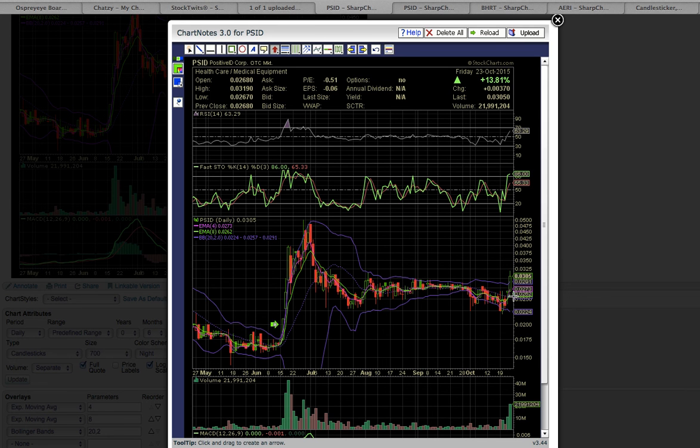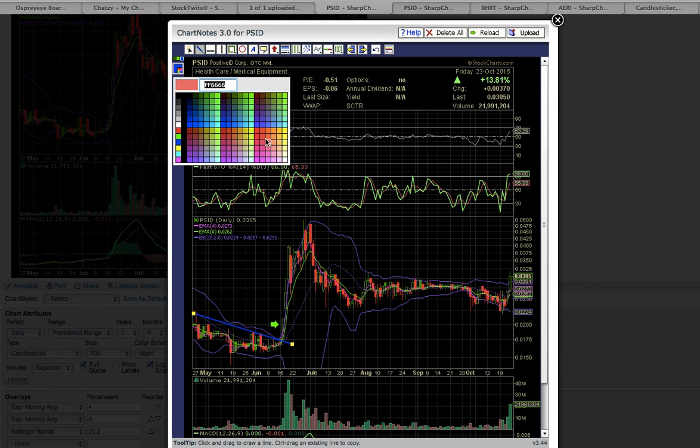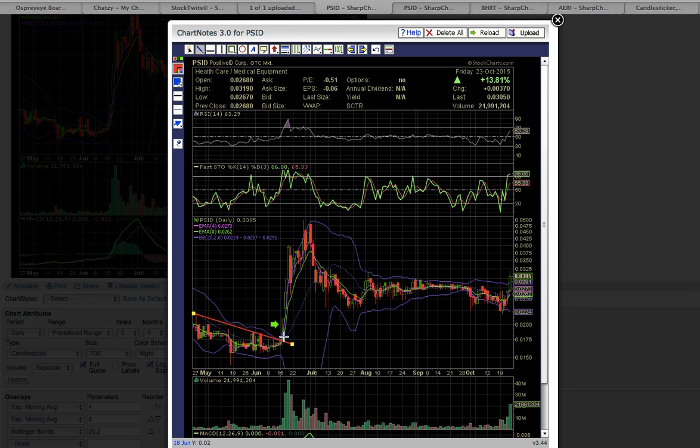So now you've got this setup that's got a lot of similarities to back here, where you have this downtrend back in May, and then you've got a break above it. And here you've got this downtrend, and then you've got this break above it. So it's a similar setup.